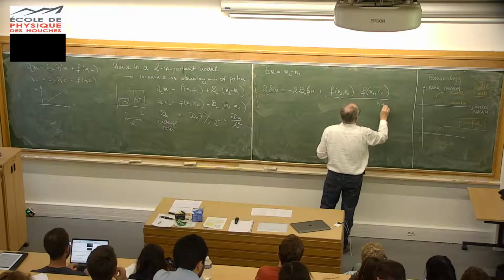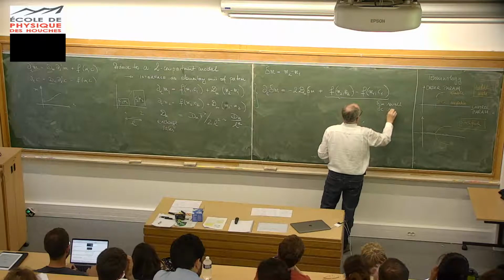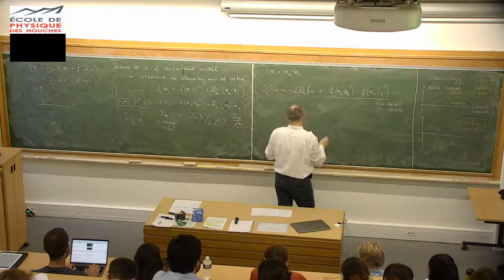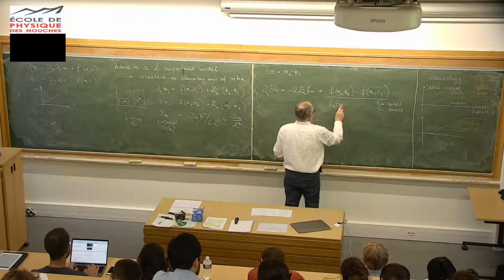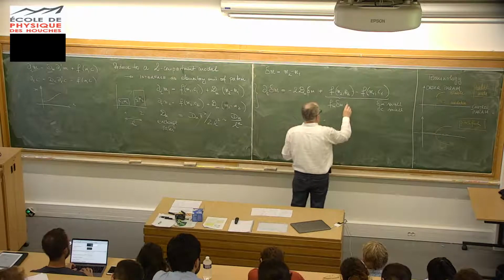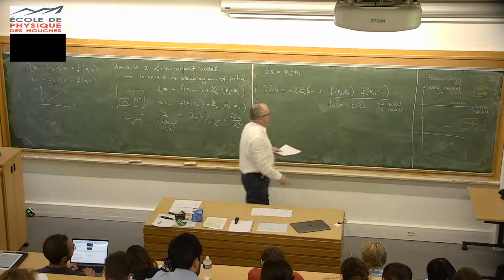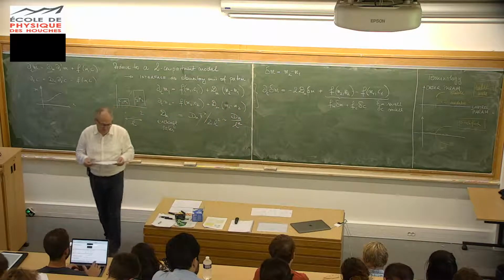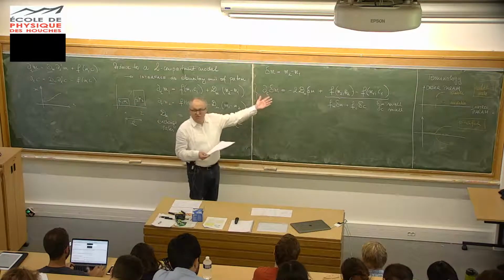So for delta M and delta C small, this then simply reads as the derivative of the nullcline with respect to M plus the derivative of the nullcline with respect to C. So you have a linear equation now, and this linear equation is an ODE.